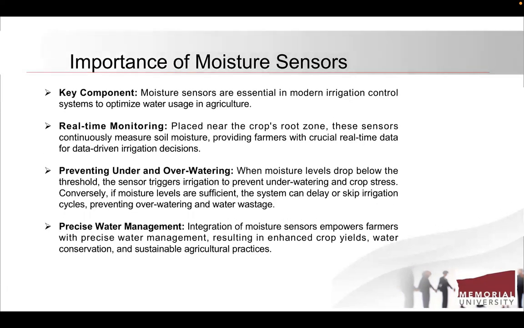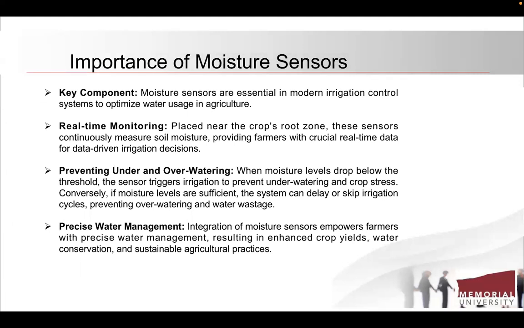Importance of the moisture sensor. When the moisture level drops below the threshold, the sensor triggers irrigation to prevent underwatering and crop stress. Conversely, if moisture levels are sufficient, the system can delay or skip the irrigation cycle, preventing overwatering and water wastage.